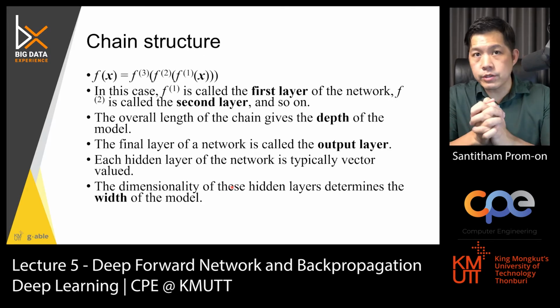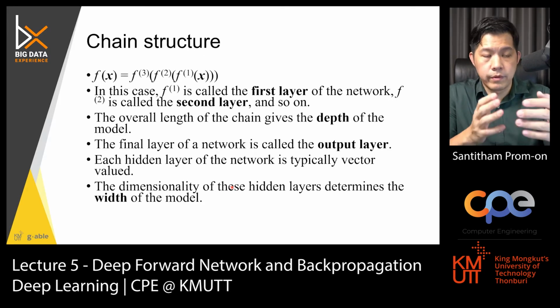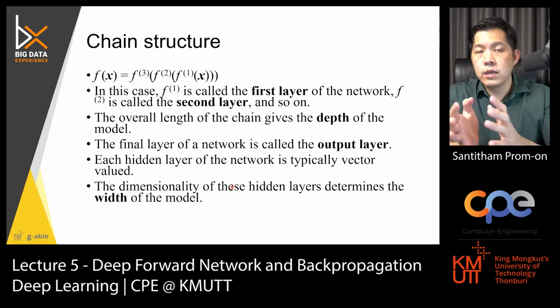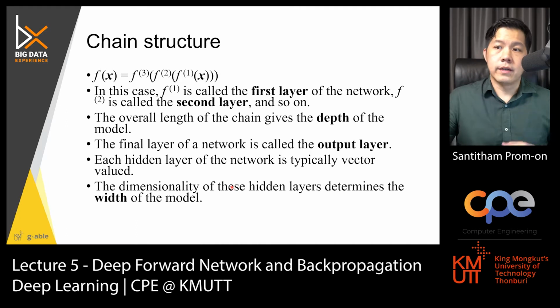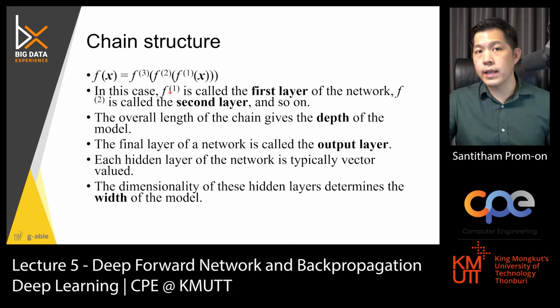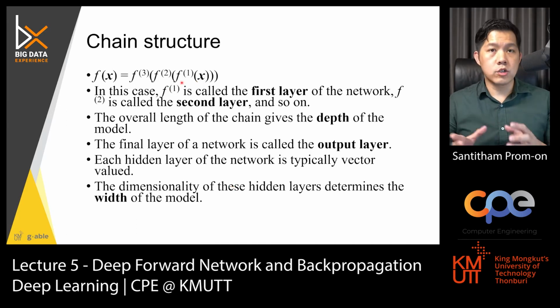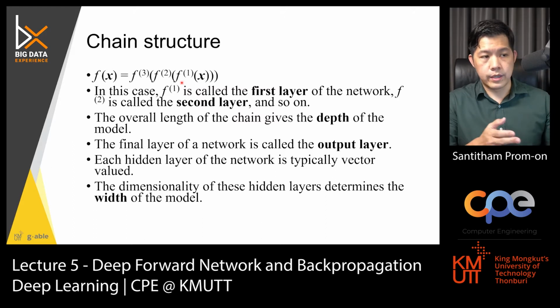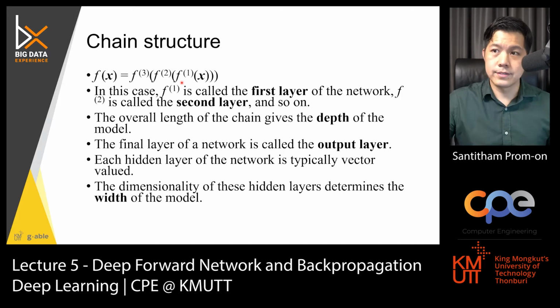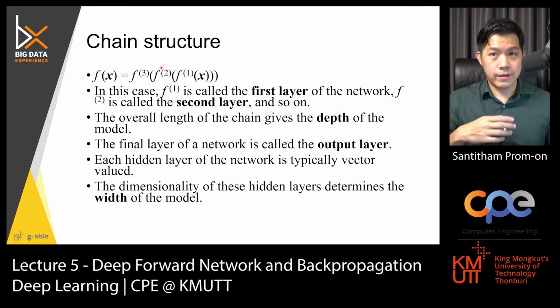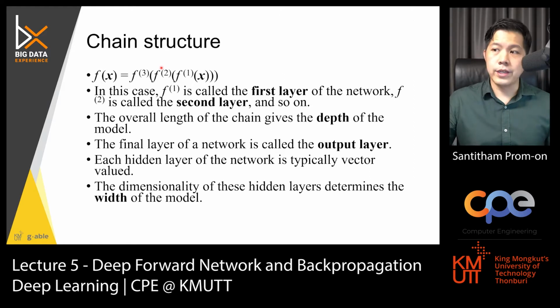So in the chain structure, the original input x needs to be transformed by each layer of the network. F1 here is the first layer of the network. Once it transforms the input, you get the output of the first layer, which is fed as input to the second layer, F2, and then F3.